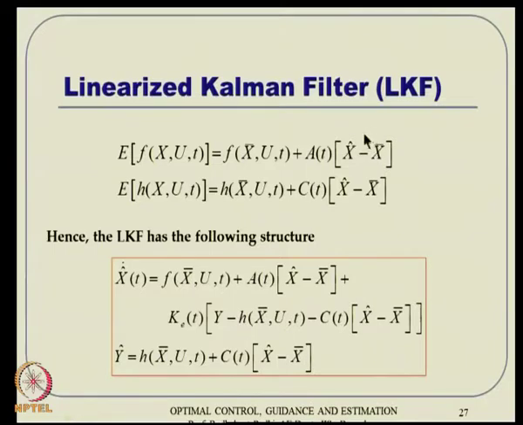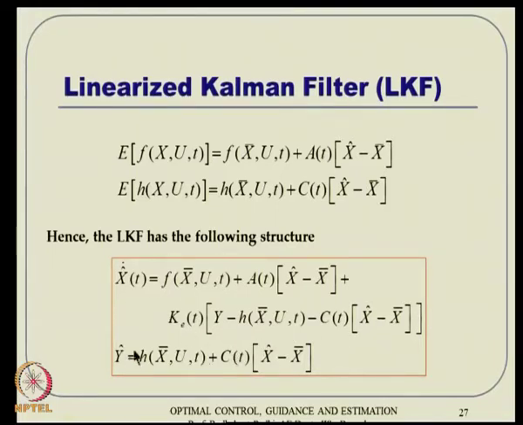Now it will stay, so keep that, times x hat minus x bar and all that. So, they propose this equation now. So, we say okay, x hat dot is this quantity, what you see here and what you see here, plus Kalman gain times the actual measurements minus predicted measurement. Predicted measurement is this quantity, okay. So, minus this of everything. So, put that way.